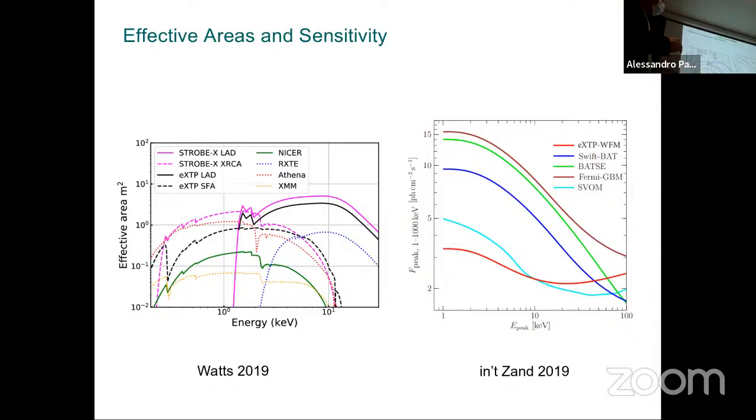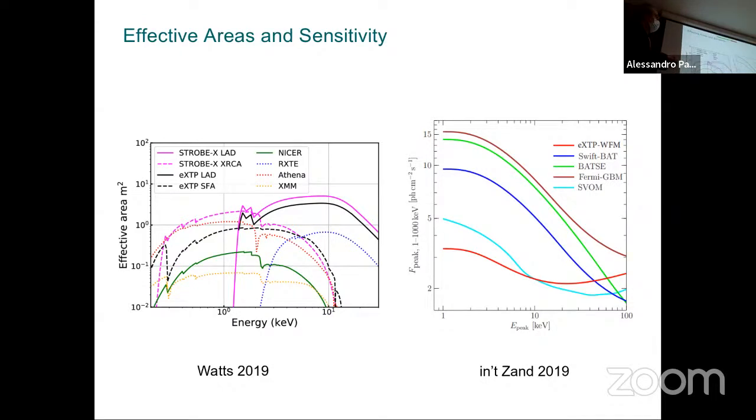But if you look on the right, this is the sensitivity of the wide field monitor. And here, this is a plot that I took from Inzam et al. I forgot the et al. here, but there are like 50 people involved. So here you see the energy, and here the peak luminosity. In this case, it was for gamma ray burst detection.